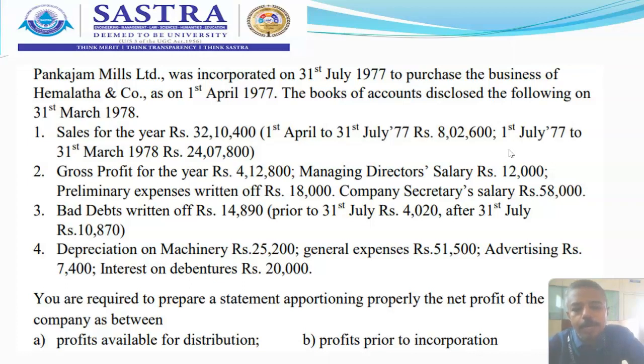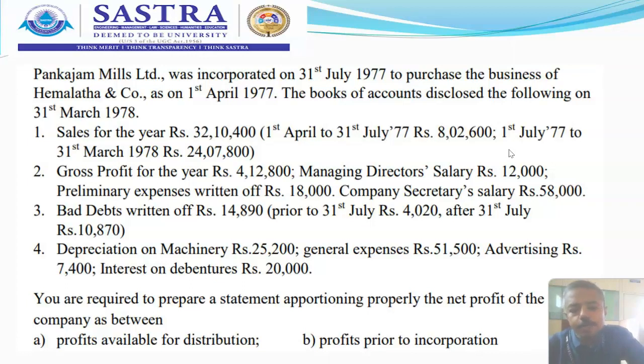So 1/3 of 25,200, if you multiply, you will get rupees 8,400. The balance can be written in the post-incorporation period, or we can multiply 2/3, which is the time for post-incorporation, out of 25,200.